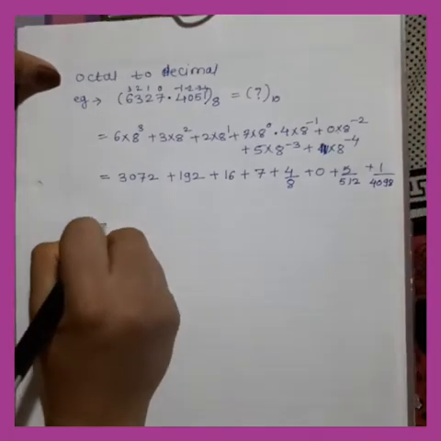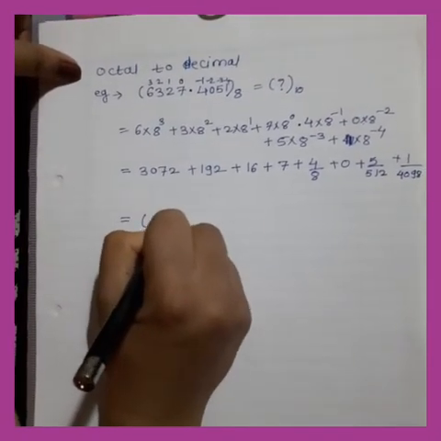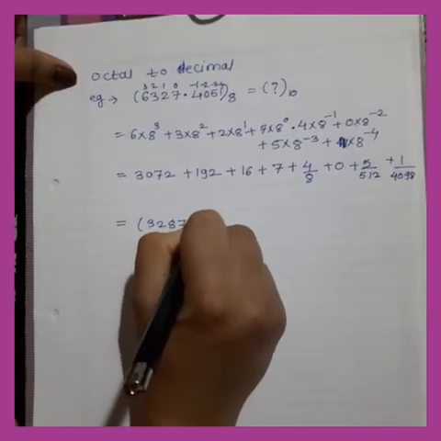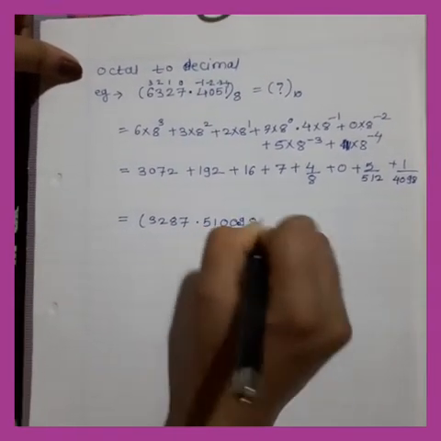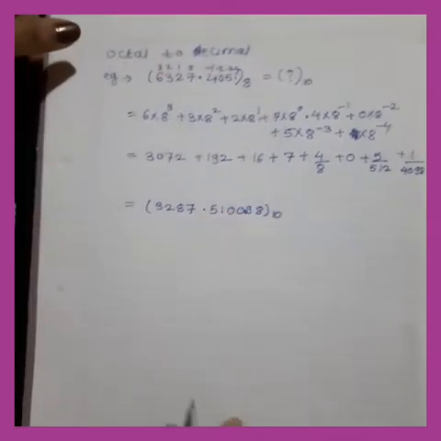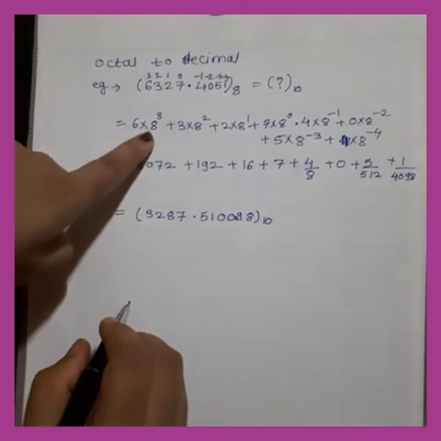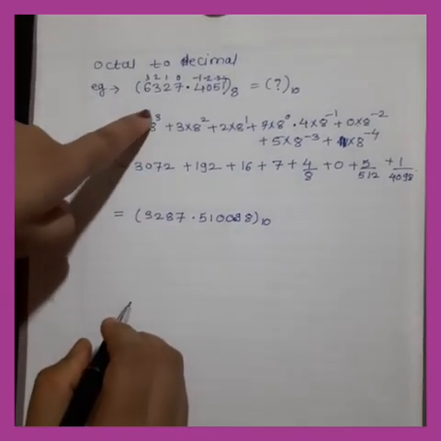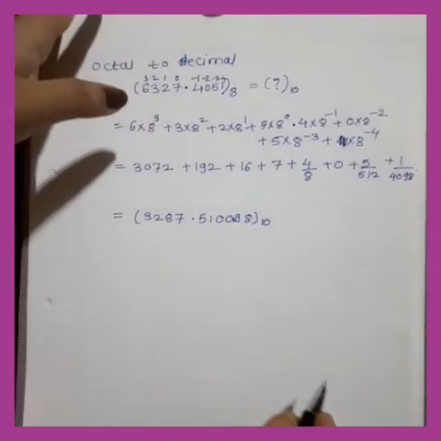If we simplify this, we get the answer as 3287.510098 base 10. So to convert any octal number into decimal form, we have to multiply each digit by 8 raised to the power equal to the position weight of that digit.